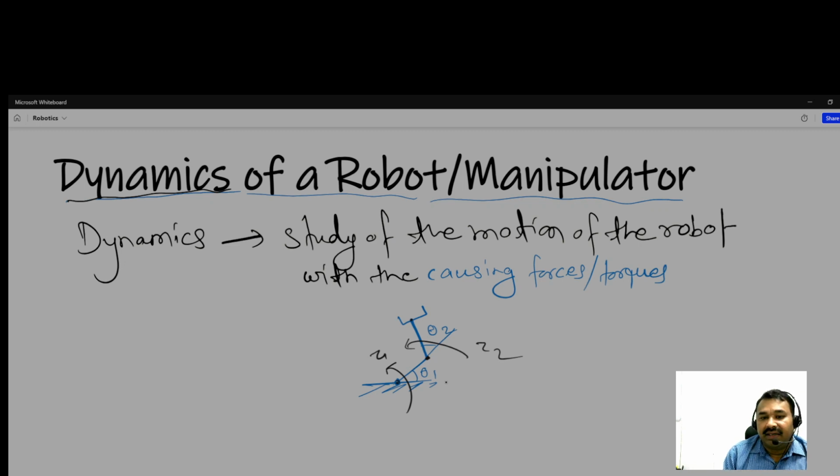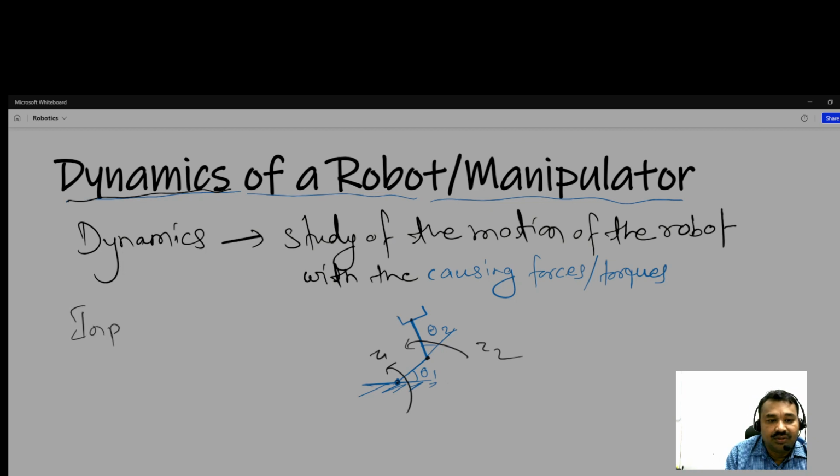So at the end effector we get the motion of the manipulator. So in the dynamics, in our study we consider both, what is responsible for the motion. Okay, means input and output we both consider.